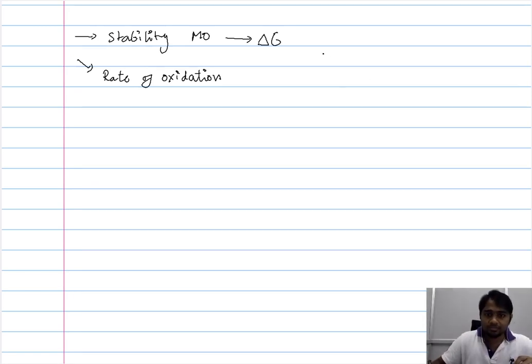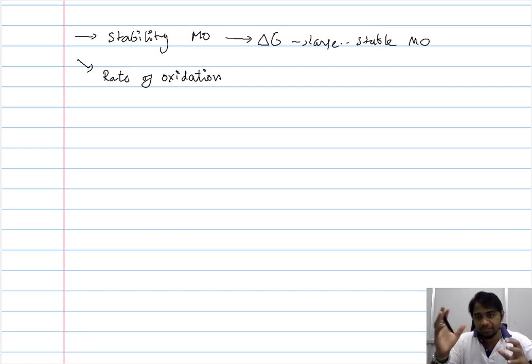So a large free energy change would render a stable oxide, and similarly when the free energy change is small, the stability of the metal oxide that is being formed is low.